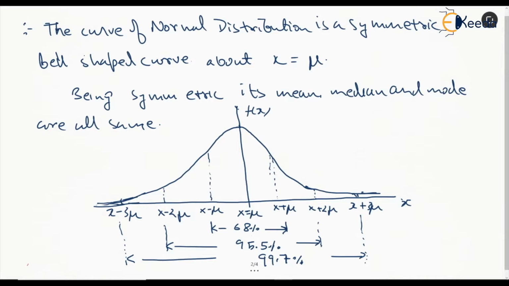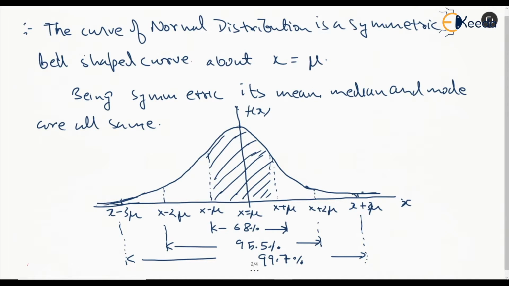It has to be symmetric, more proper than the one which we have sketched, and it is symmetric about the mean value. So moving minus mu from the mean and plus mu from the mean, this overall area covers 68% of the graph.